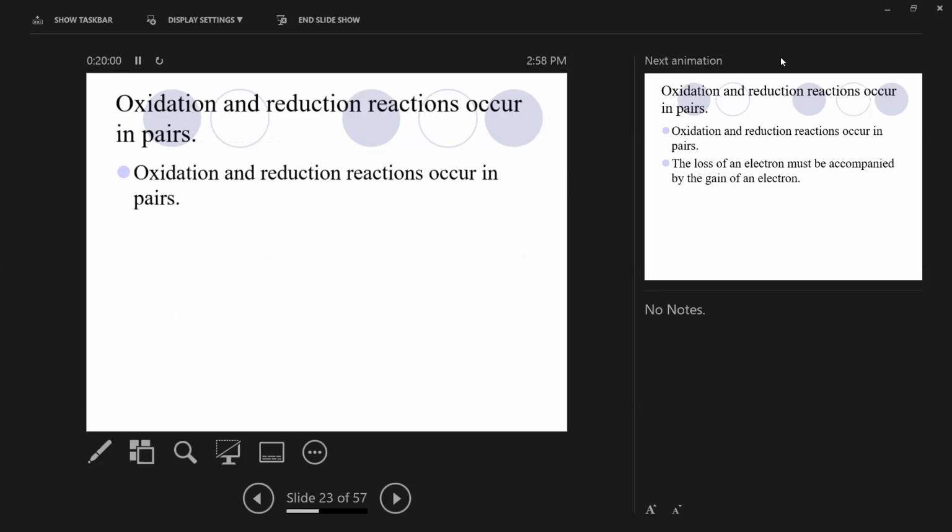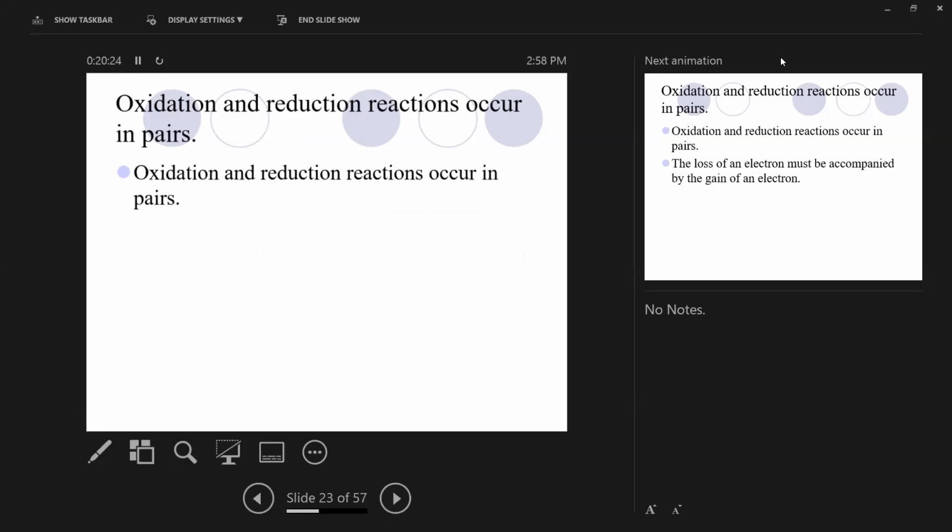So electron transport type reactions, redox reactions, must occur in pairs. Think about it, gang. Can you take electrons and throw them off into the wild blue yonder? No, not very stable. So you must have a paired reaction.